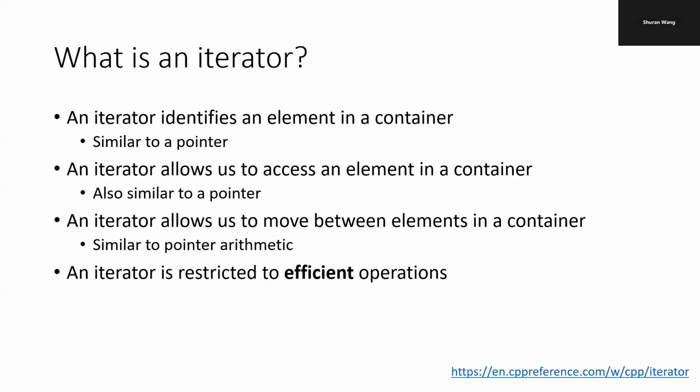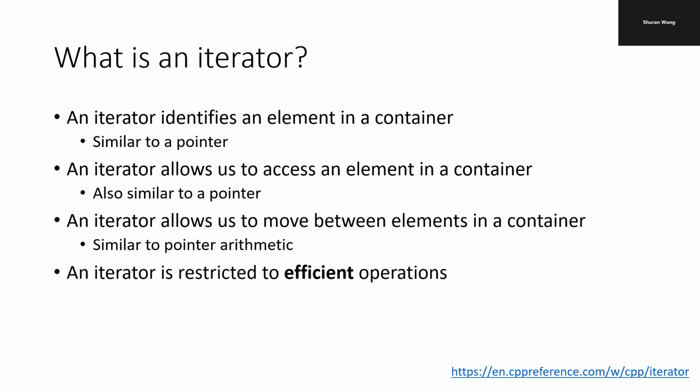Iterators are essentially pointers to elements in the container, but they're not really pointers. They're just made to look like pointers. So they can be pointing to an element in the container. It can be referenced and dereferenced. And it allows us to move between elements in the container.